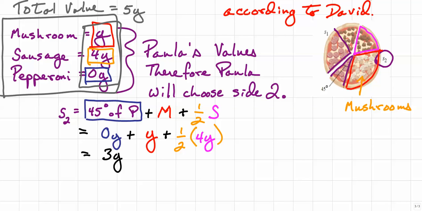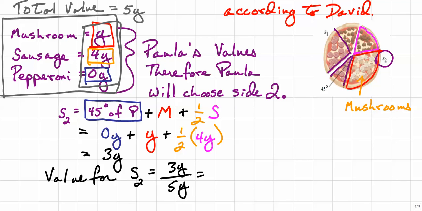So that means that the value for side 2 that Paula chooses will be equal to 3y over 5y, because the y's will divide out and you'll be left with the fraction 3/5, which we will go ahead and convert into a percent, which in this case will be 60%. So that's the value according to Paula.